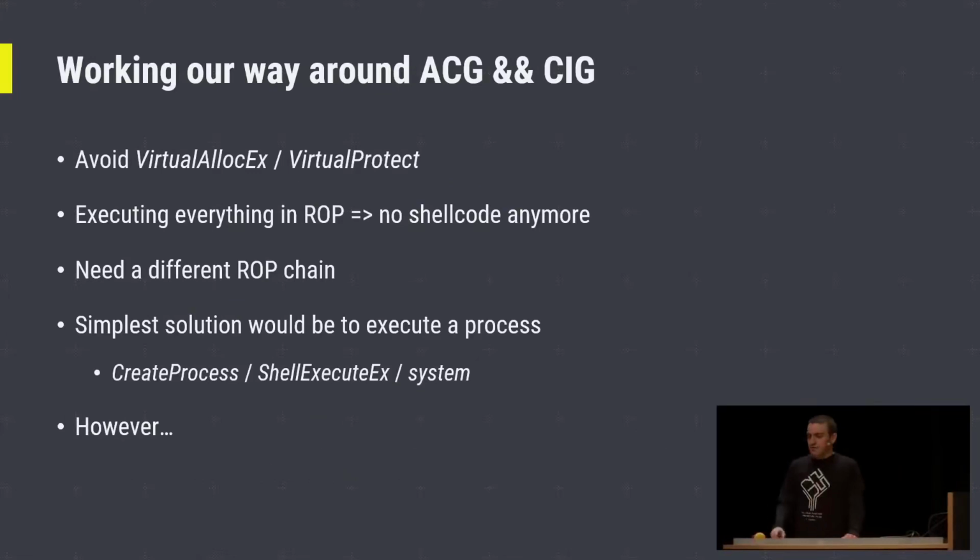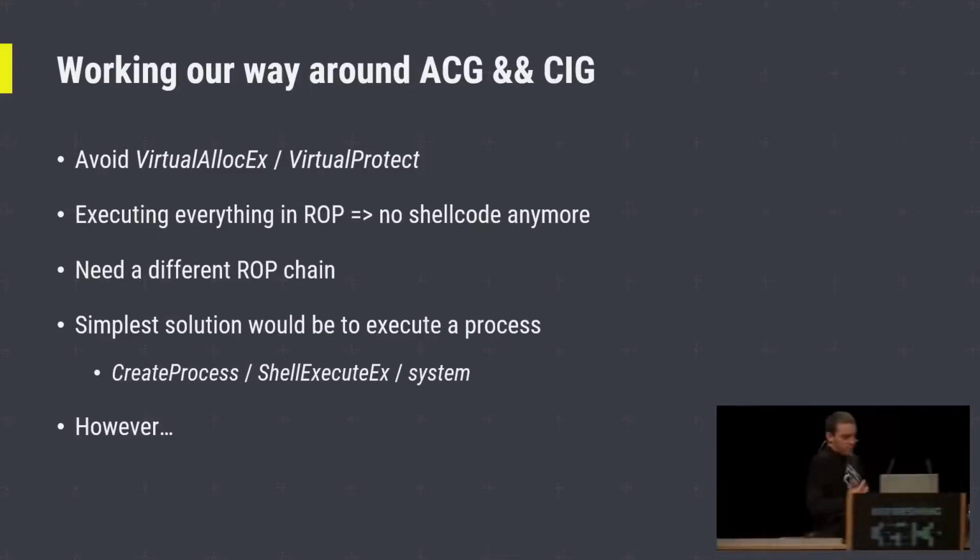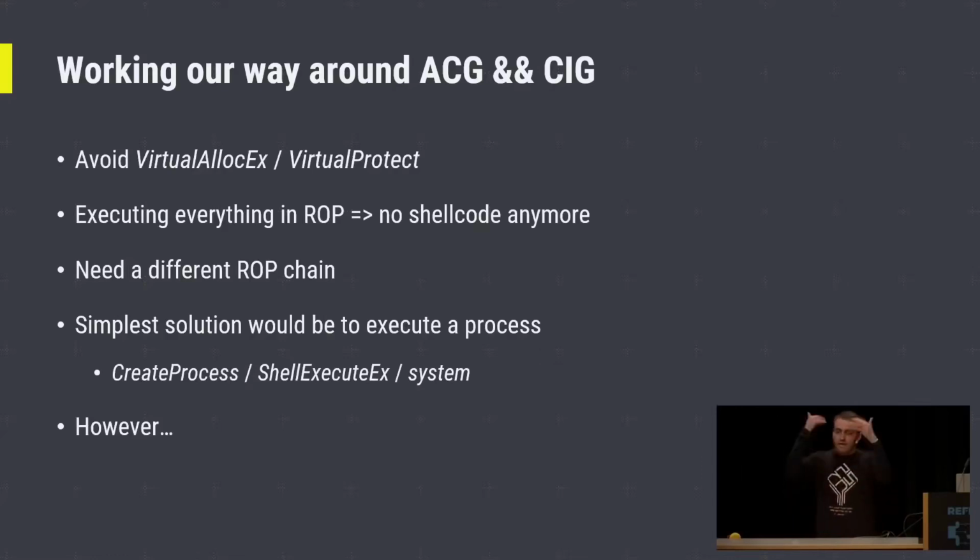Now we have to go back to the point, arbitrary code. So let's bypass ACG and CIG. Just to make sure that we can do something, let's do ROP on the stack, but I don't want to do a very long ROP chain because it's hard to maintain and offsets change. It's cool in CTFs when you have a very short ROP chain, but in a real-world scenario, you probably want to do some complex stuff and implement a long logic in ROP.